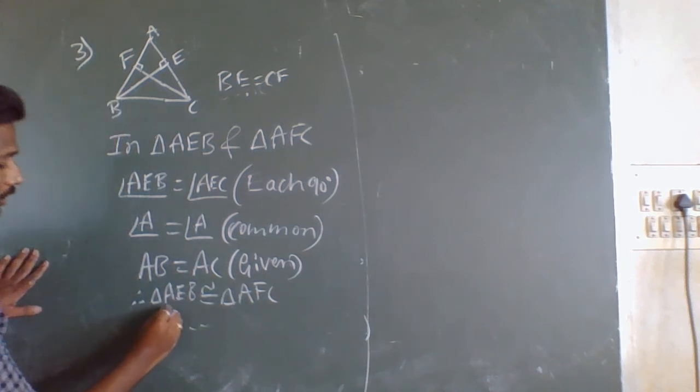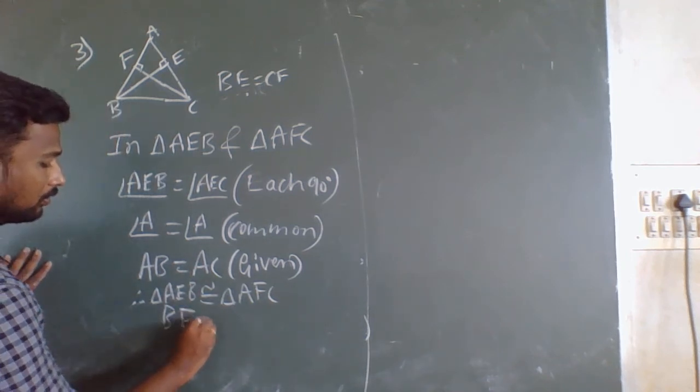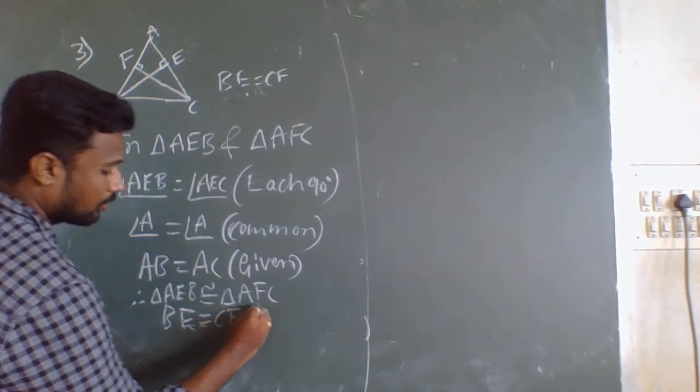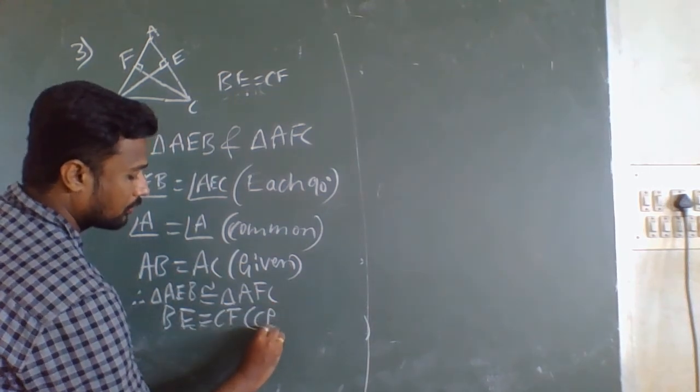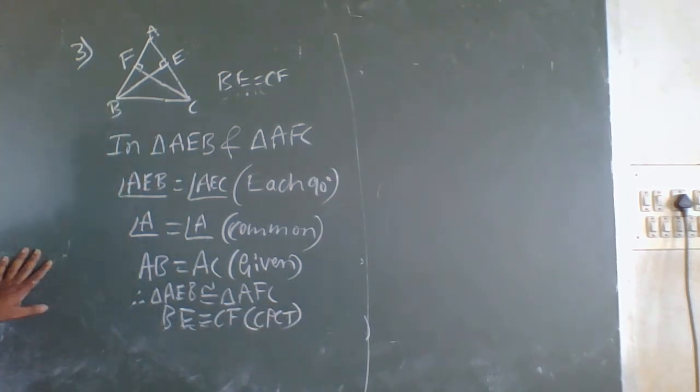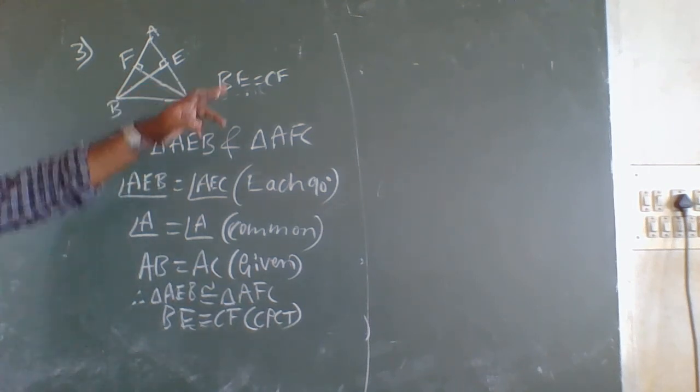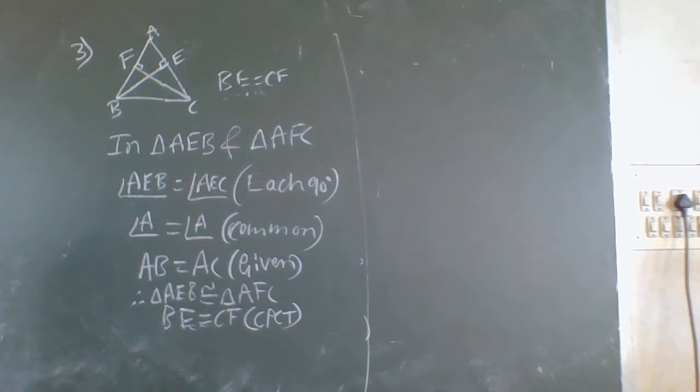Therefore, now we can write BE is equal to CF because of CPCT. These are corresponding parts of congruent triangles. So we proved BE is equal to CF.